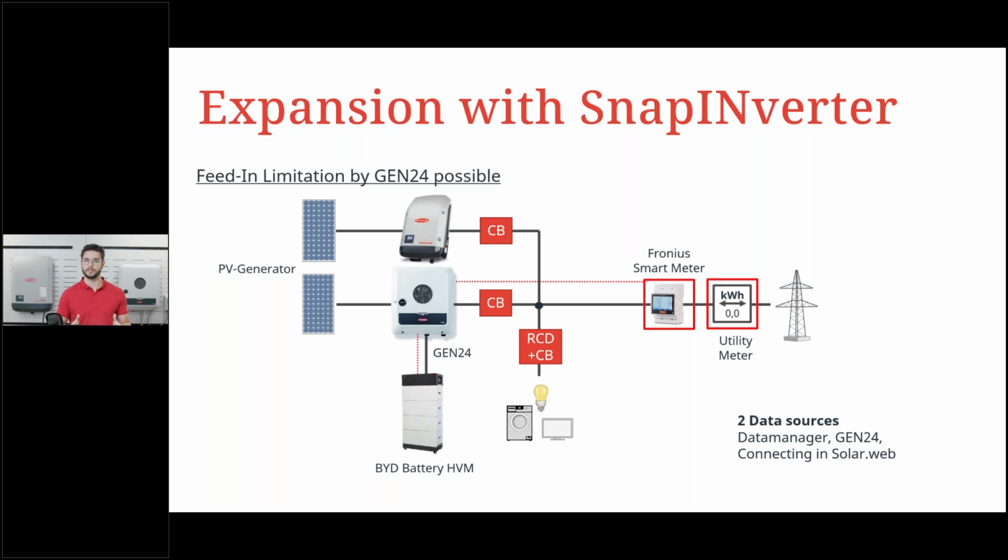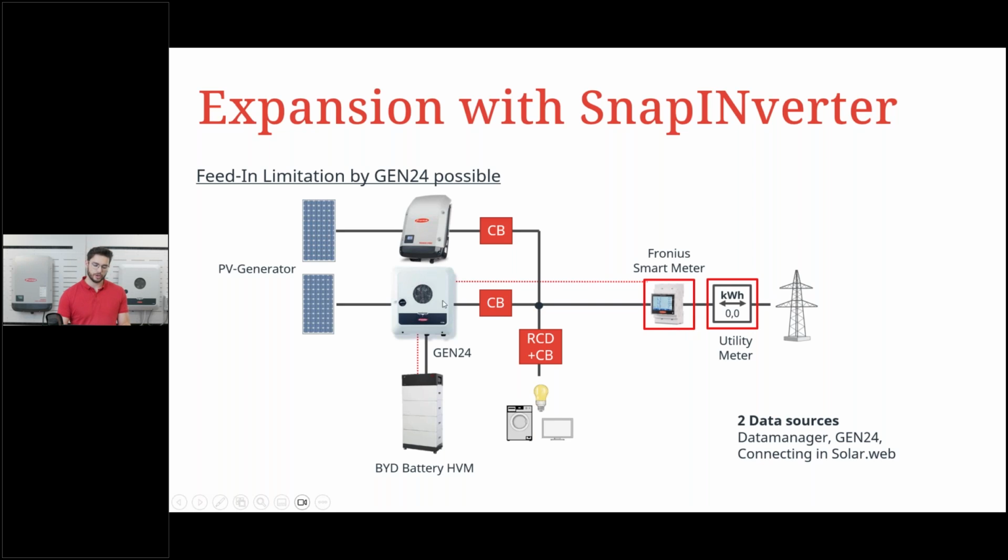You have to limit the value of your feed-in to 50%, for example. Now, we need to understand that this can only be done by one of these inverters, because right now there is no interconnection with a cable between the SnapInverter and the GEN24 product. We're working on a solution which should come next year, but right now only one of these inverters can handle this, and it's the one with the smart meter connected to it.